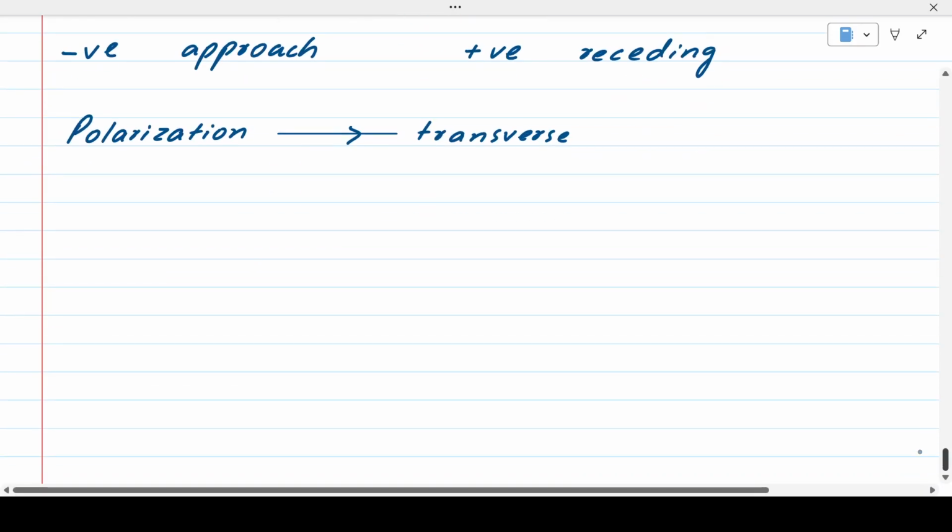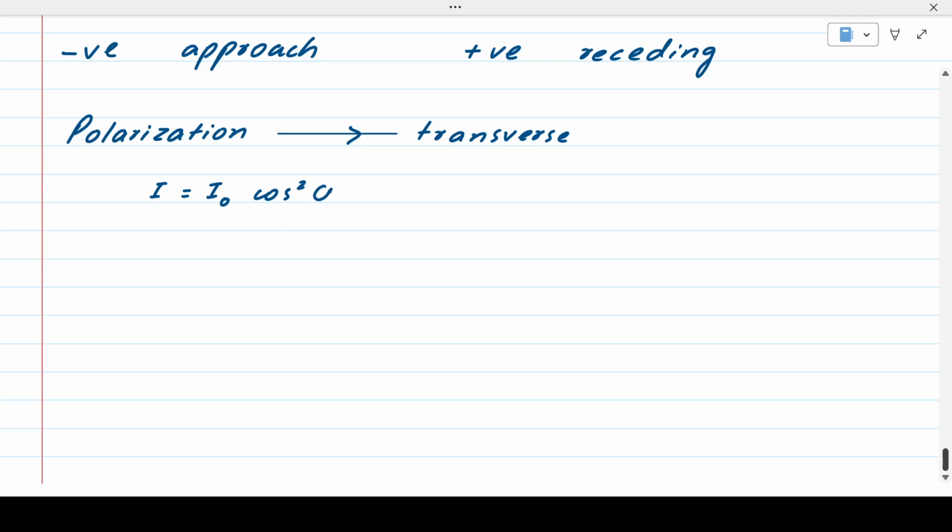And we have a very important formula for this one: I equals I naught cos square theta. This is also written as: I is the transmitted intensity of the transmitted wave. I naught is the incident intensity.